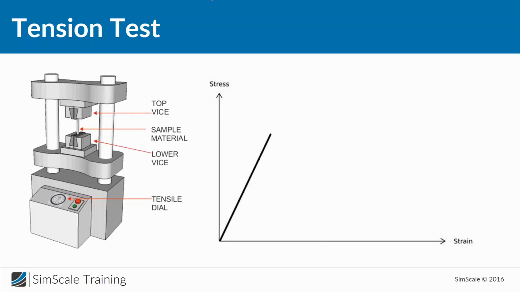And if you start to do this and you start to measure strain and stress, you will see that first of all your measurement will look like this. It's a linear graph.